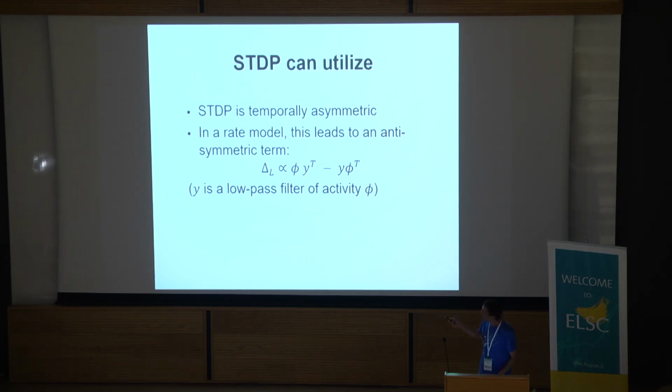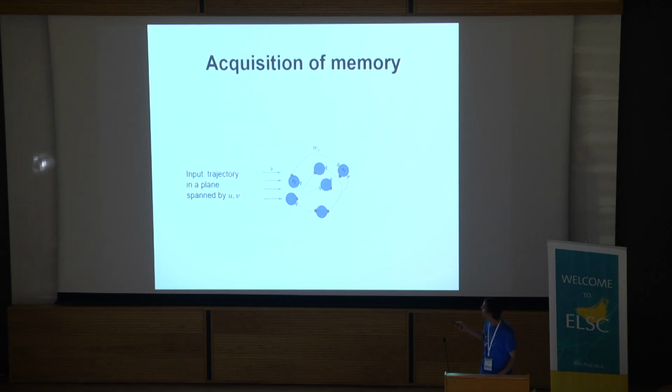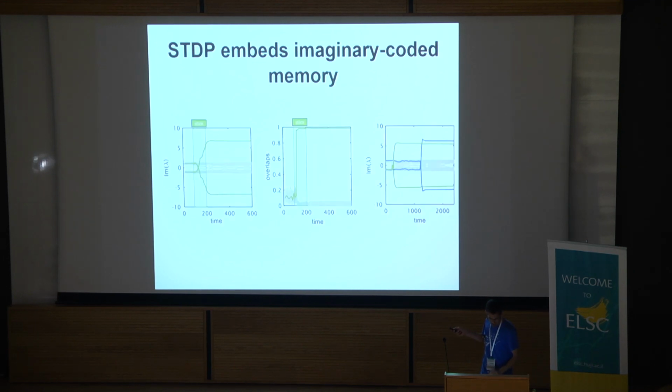So if we put the rate implementation of STDP, and we take our network and give it some input pattern, it's going to follow some trajectory in a two-dimensional plane. Now we track the imaginary eigenvalues, and after we put the stimulus, indeed we see that an outlier, a pair of eigenvalues representing the memory, arises.